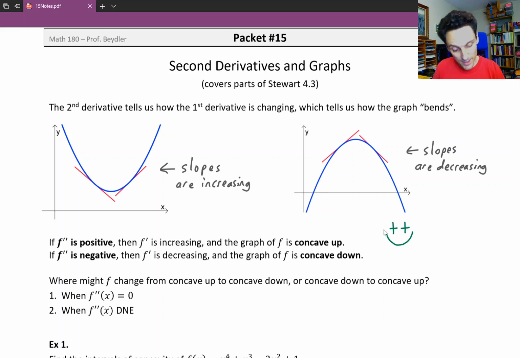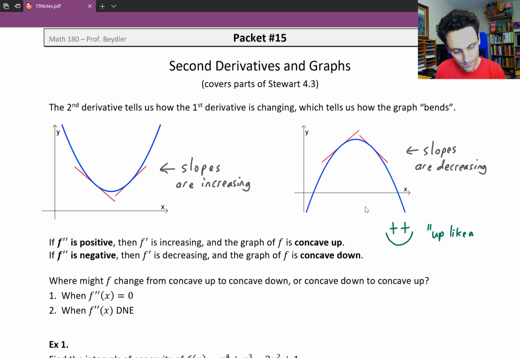There are actually two eyes too, to remind you of second derivative. When the second derivative is positive, the graph is going to look something like this smile. Or by itself, you can imagine it being a cup. So you might say it's concave up like a cup.